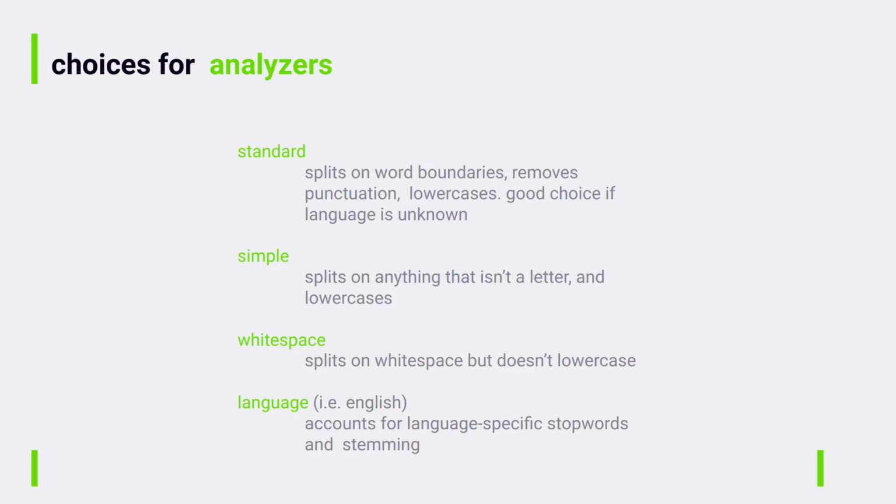And the language analyzer, when you know what kind of language you are using, you can make use of it. For English, it handles stop words and will perform stemming and everything. So these are the four kinds of analyzers which we can use.